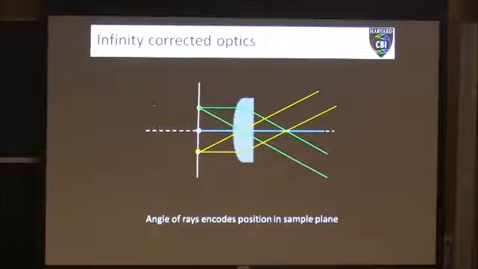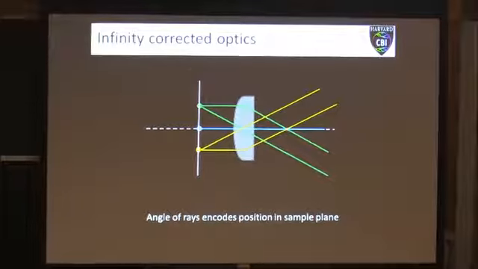So these angles are not just up and down, but they're also coming in and out of the plane of the screen here as well. So this is what an objective does: it takes the light that's coming from your sample and encodes that in a whole bunch of different angles at the back focal point of the objective.